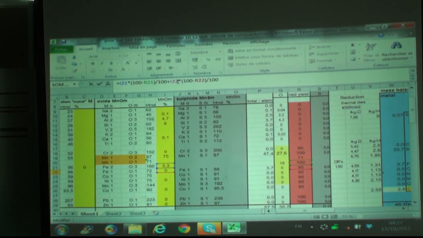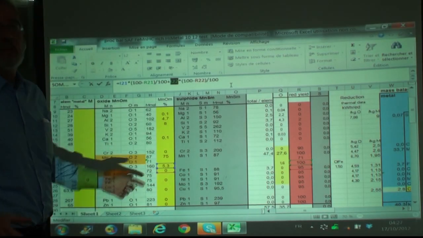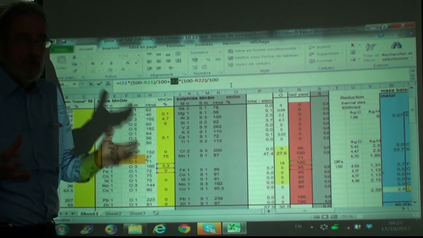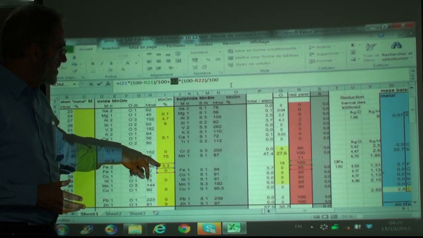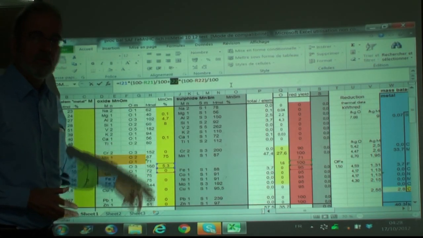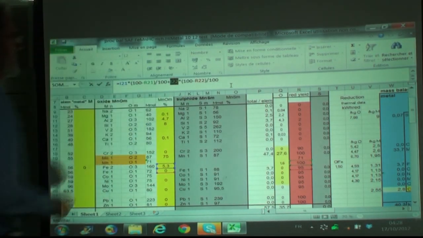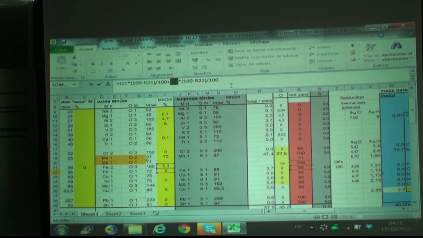So instead of, you see, the FeO that you must consider is not 0, because in the ore it was 0 actually. But you must consider the Fe coming from the Fe2O3. Understand? That's a mistake in this sheet. So here we will correct.